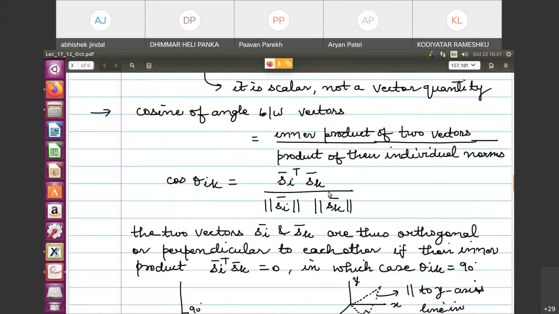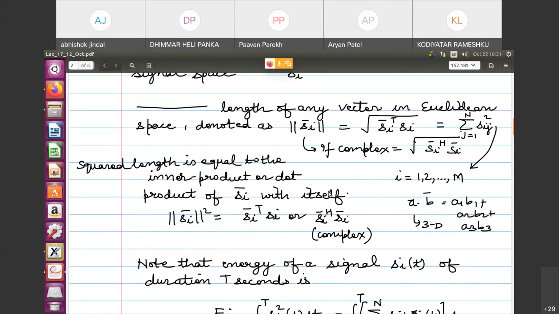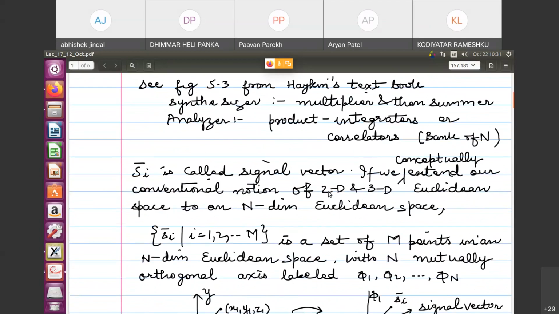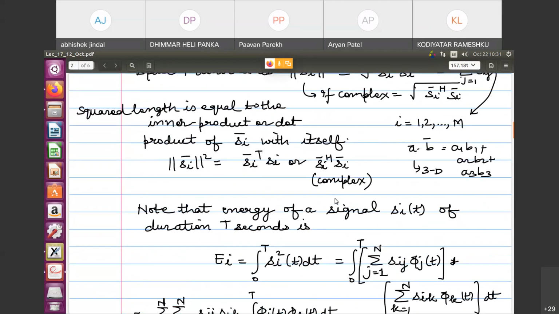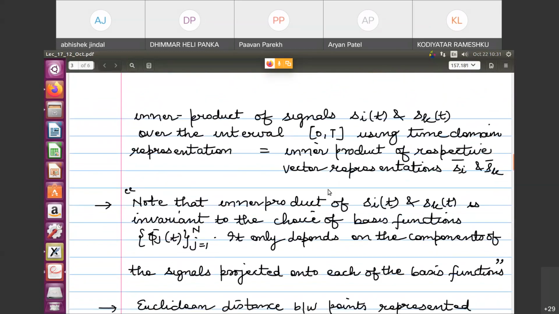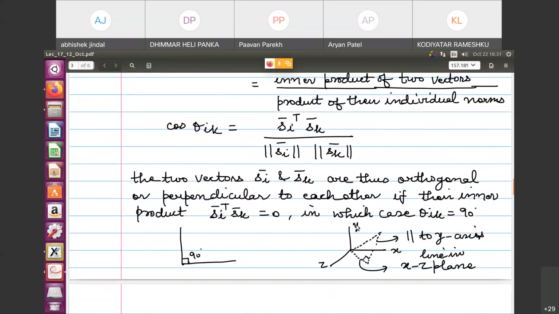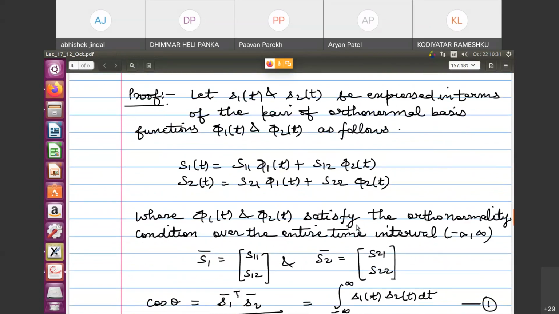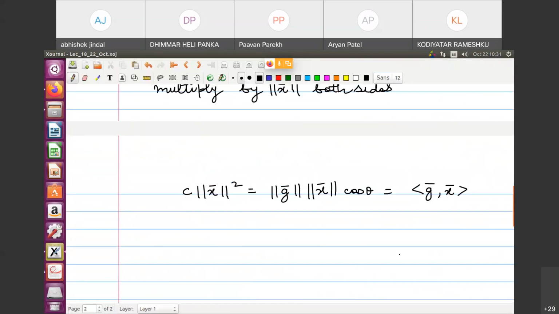We have done it or not? Let us see. If you have not covered it, I would write that this is the standard inner product in Euclidean space. We have introduced the inner product somewhat, but we have not specifically said that it is the norm of this times the norm of that into cos theta. Anyways, we can define it now.